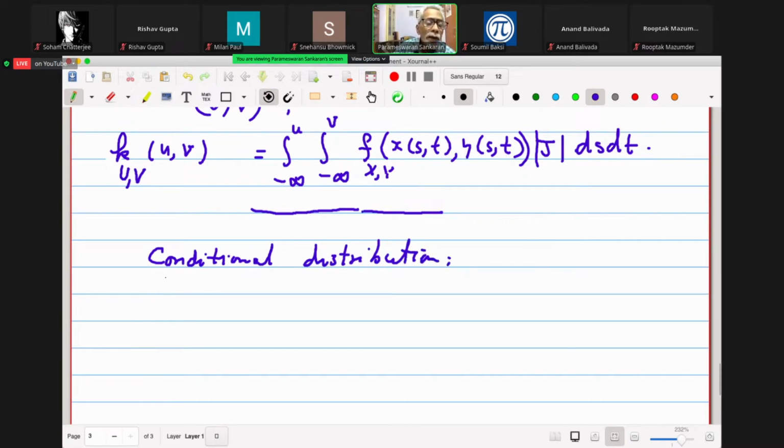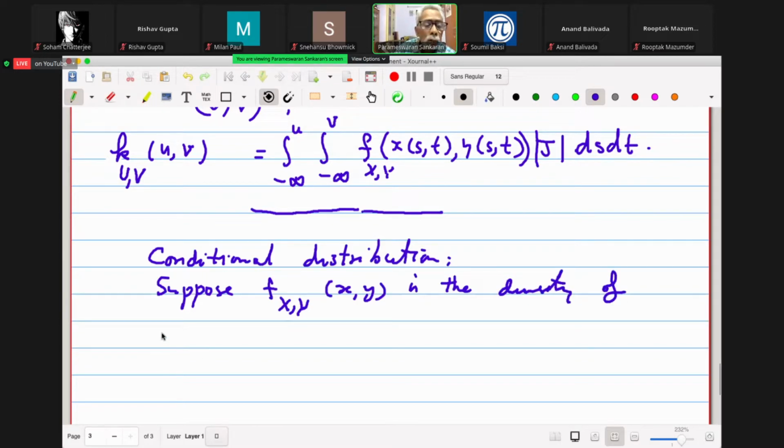Suppose that f_{X,Y}(x, y) is the density of (X, Y), the joint density.